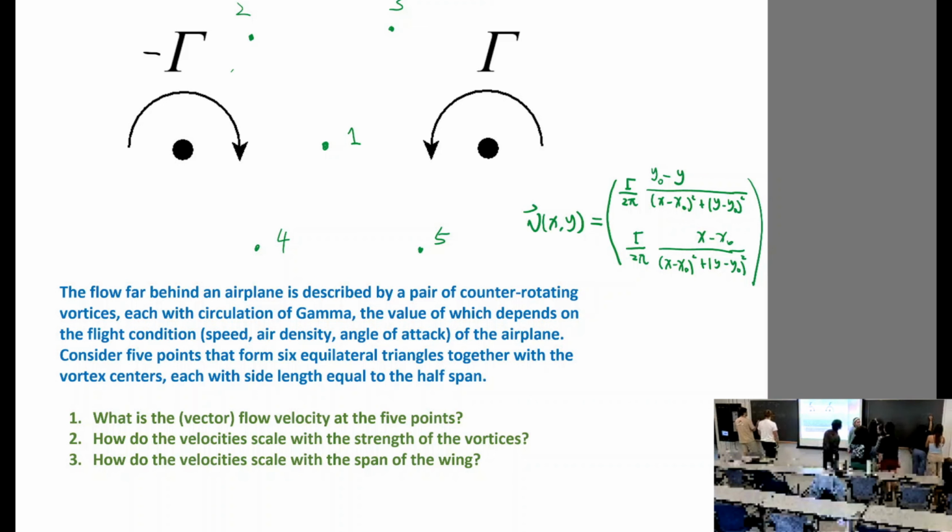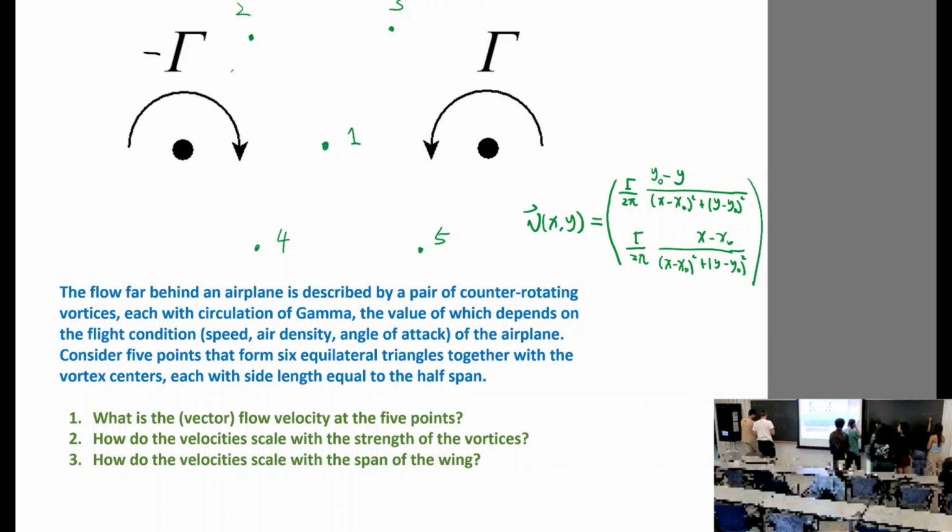Alright, let's think about how the velocity would scale. So we'll try to negate that real quick. This one's x minus... I feel like this one might be easier.